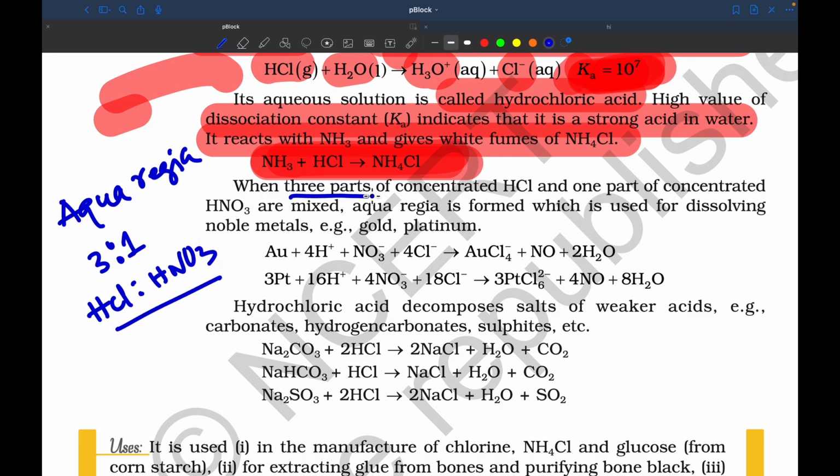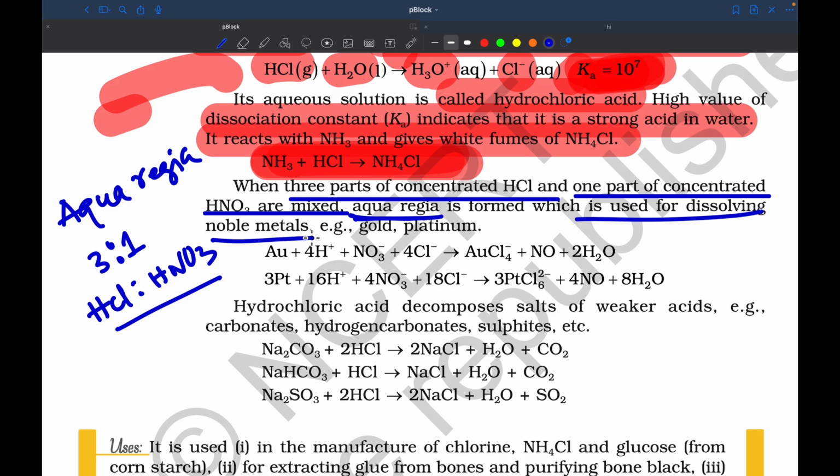When 3 parts of concentrated HCl and 1 part of concentrated HNO3 are mixed, aqua regia is formed, which is used to dissolve noble metals like gold and platinum. So gold is dissolved, platinum is also dissolved by aqua regia.